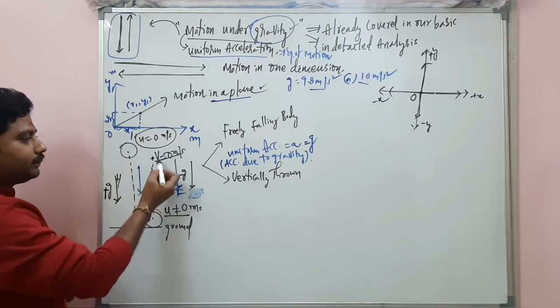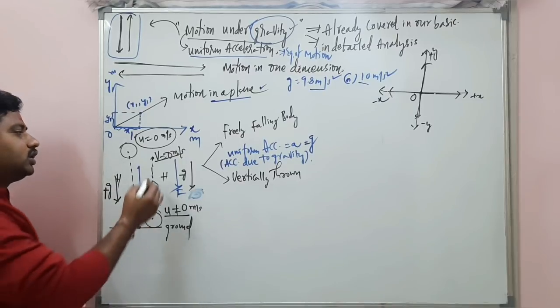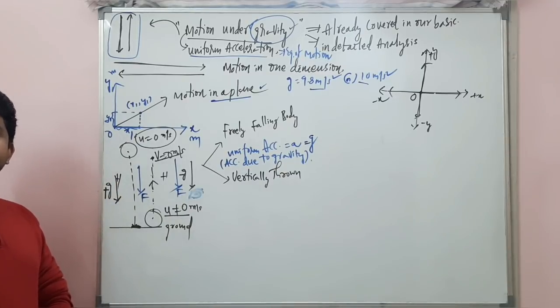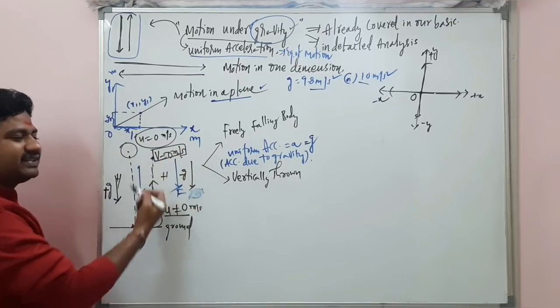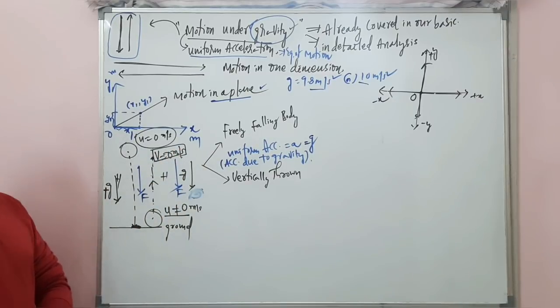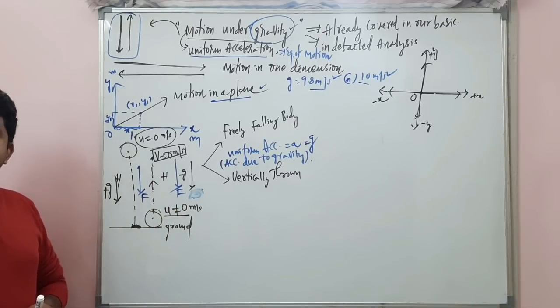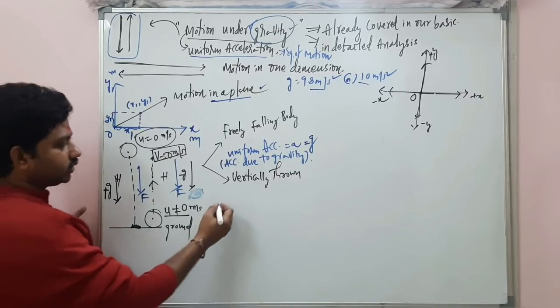So it's called the velocity at the highest point. Sorry, this is not the maximum velocity. This is the velocity of the body at the maximum height. Okay? This is the simple introduction of motion under gravity. Now we have the equations of motion.